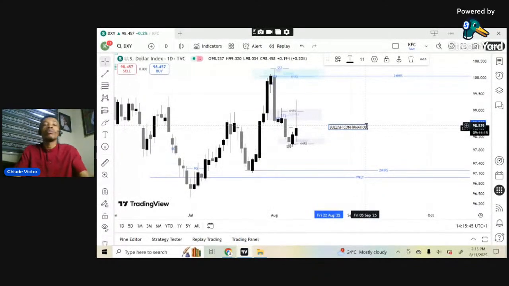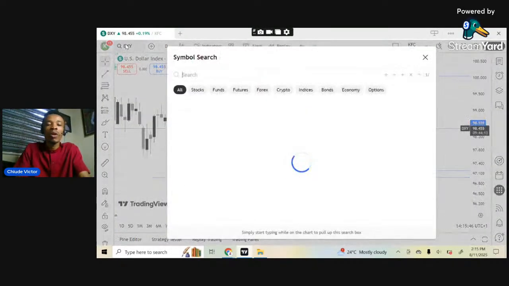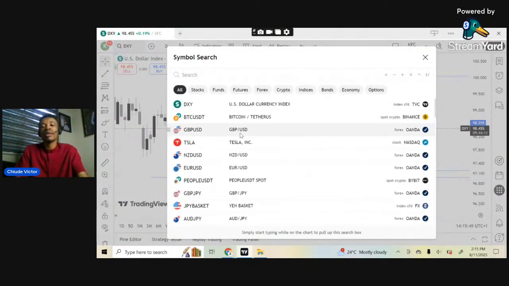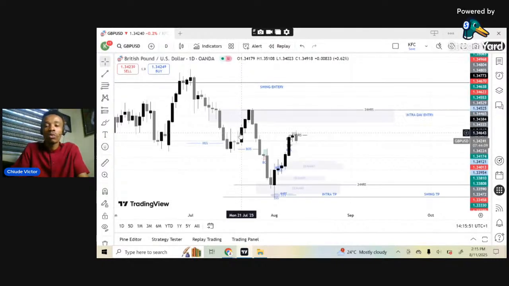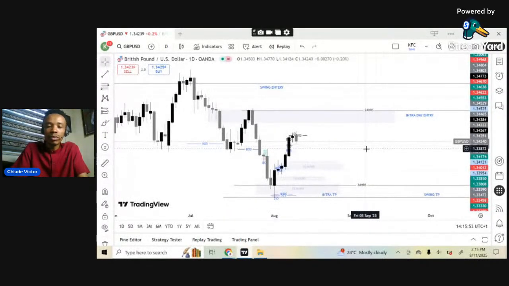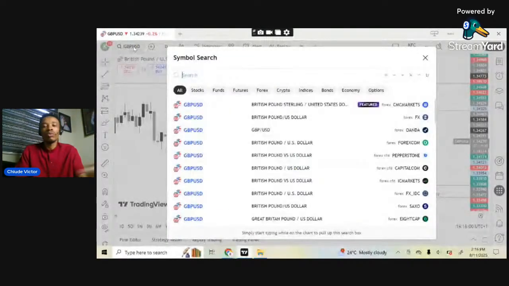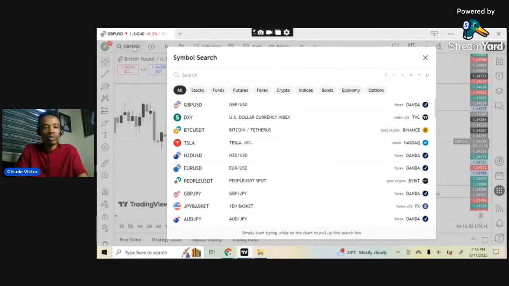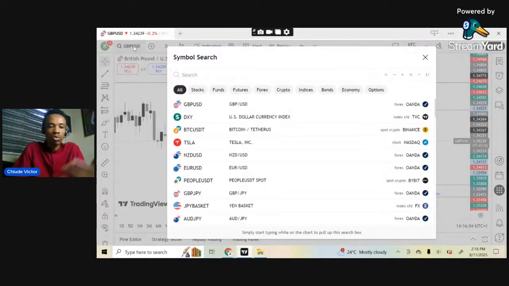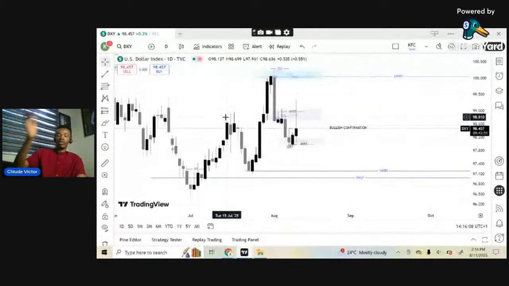What it means is that I'm going to be looking for bearish confirmation on GU and all the pairs that trade directly against USD, so selling bearish entries for GU, EU and NZD and the rest of them.